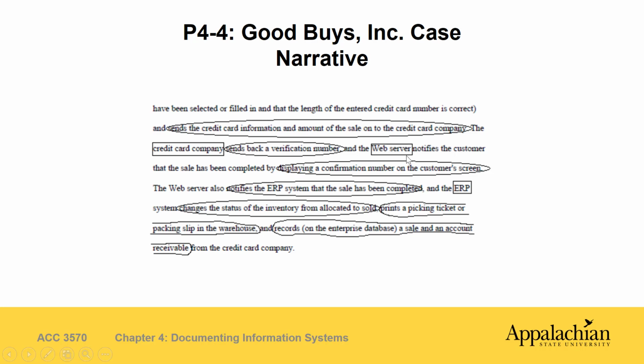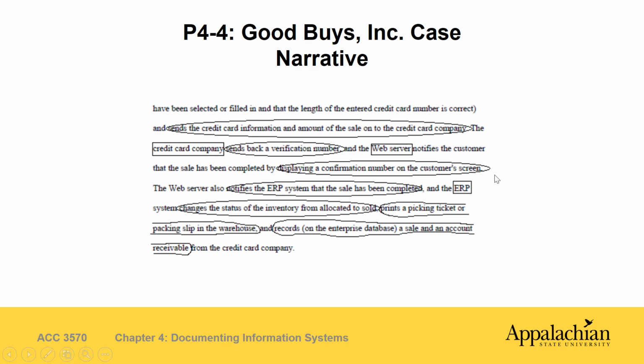Here is an example: web server displays confirmation number. Notice that since the web server was in the next line and chronologically the next thing being done, I could have put a square around web server, but I chose not to.